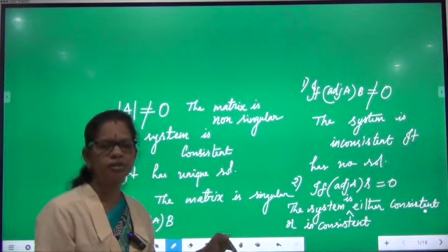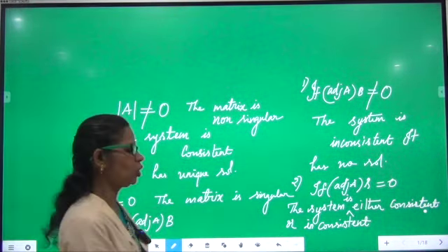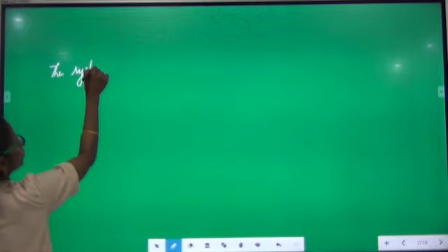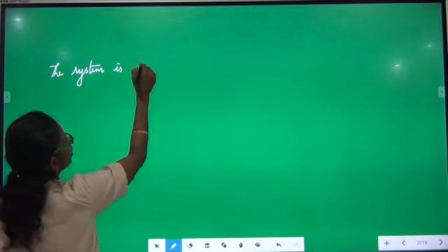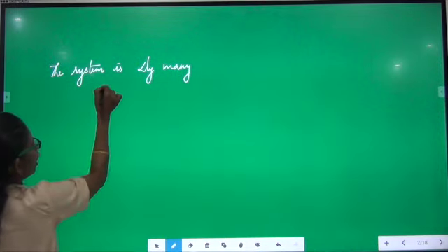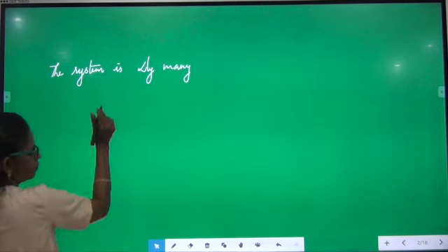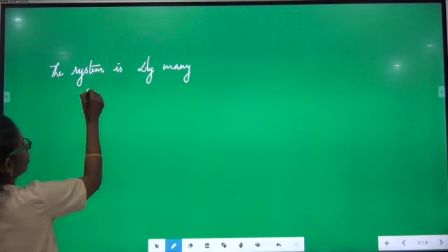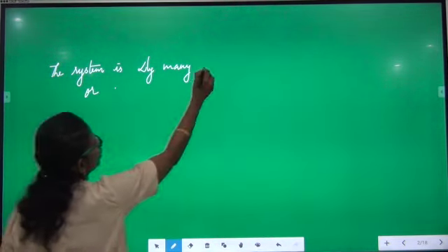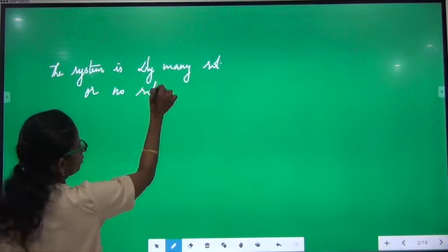Consistent means the system has infinitely many solutions or no solution, right?